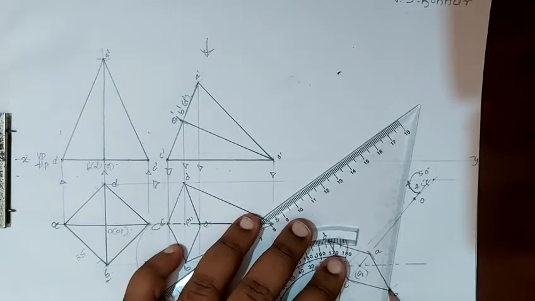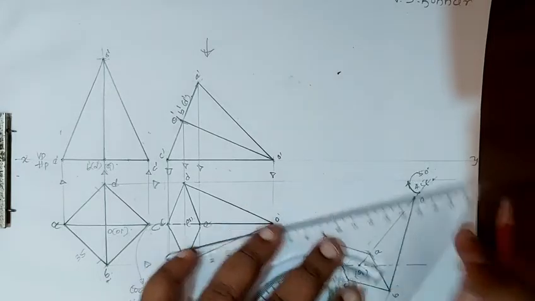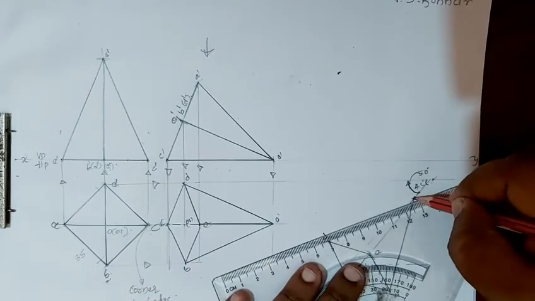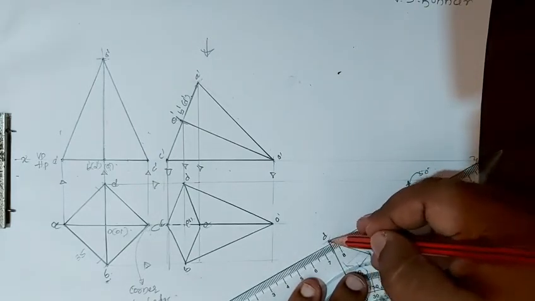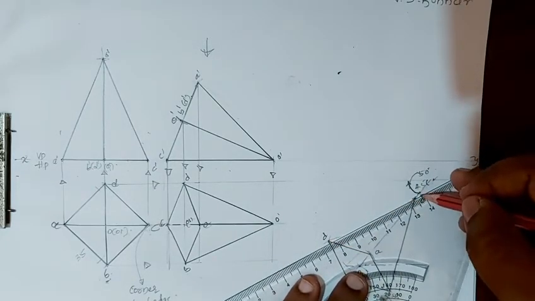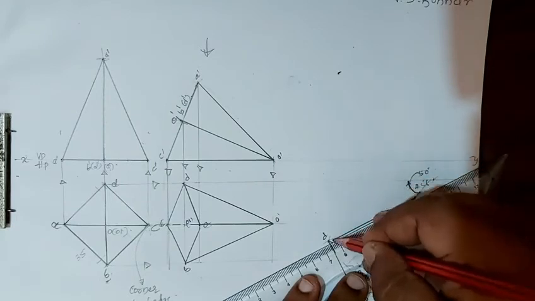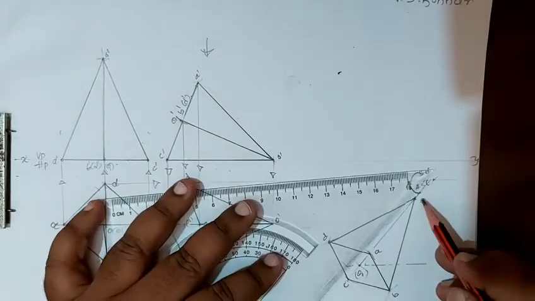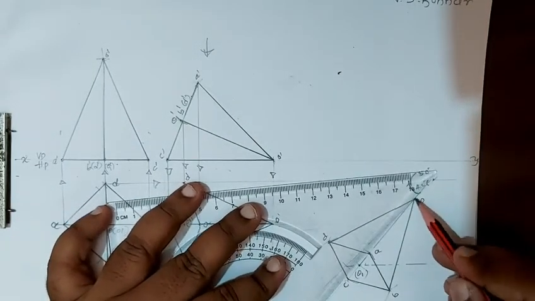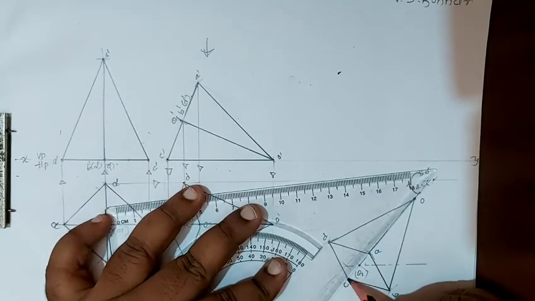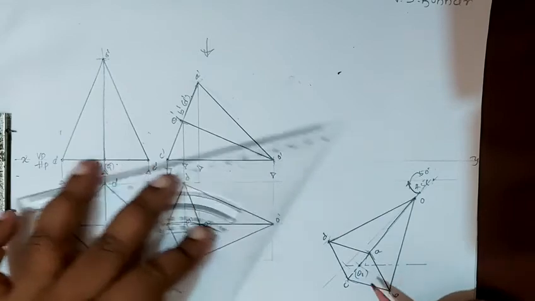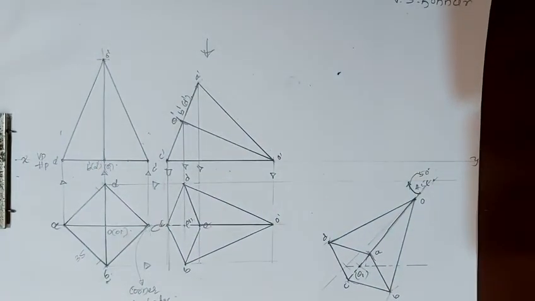And then all points will be joined to O point. OA is continuous, and then this part is dash.